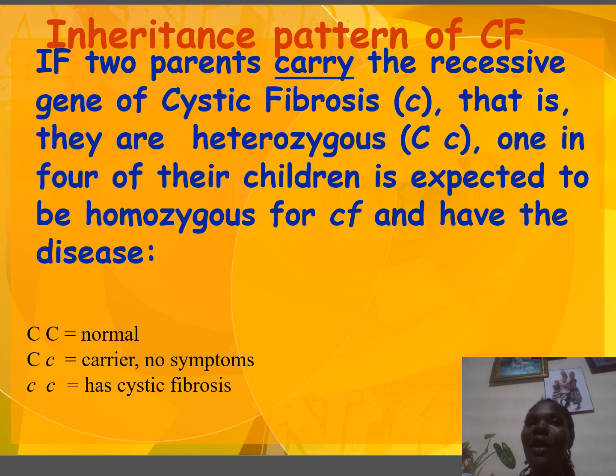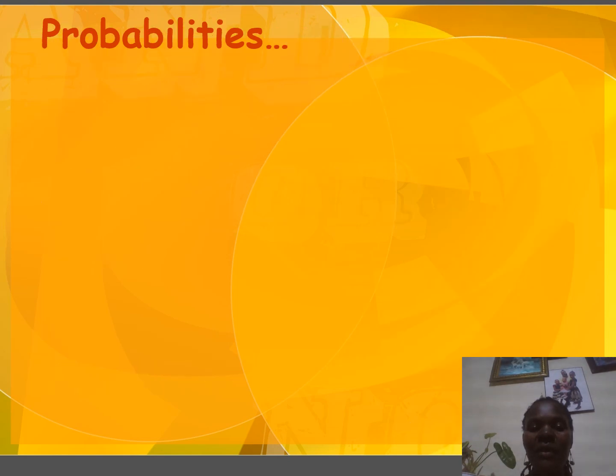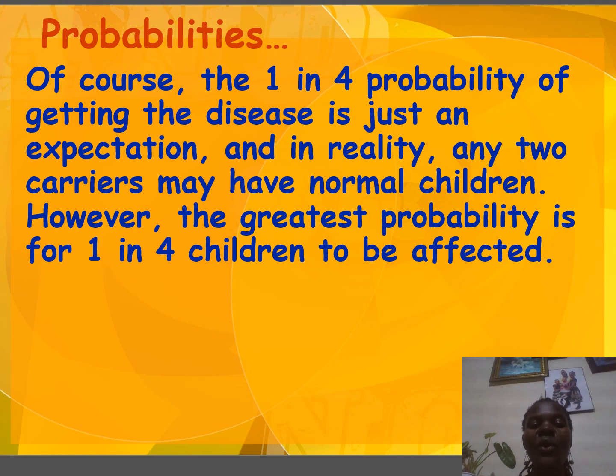Only the ones which are homozygous recessive will show the disease, because both recessive alleles are represented. They are homozygous recessive, so the phenotype can be expressed. So that is how it shows, and you'll be able to explain much on that. So the probability is 1 out of 4 of getting the disease, and that is just by expectation.